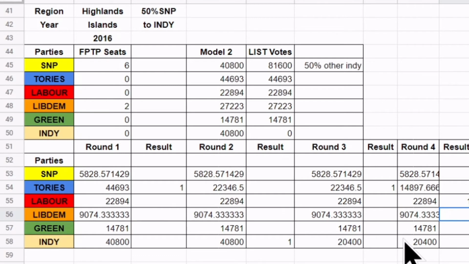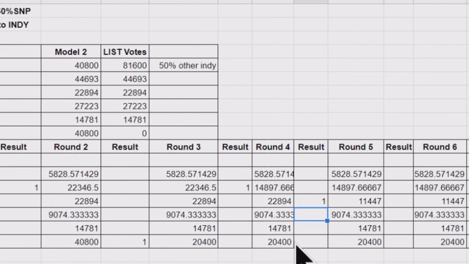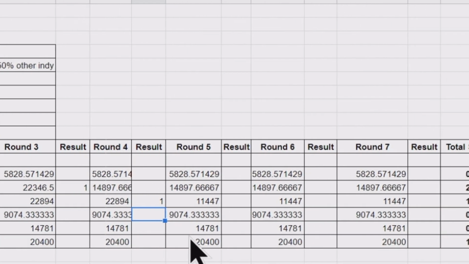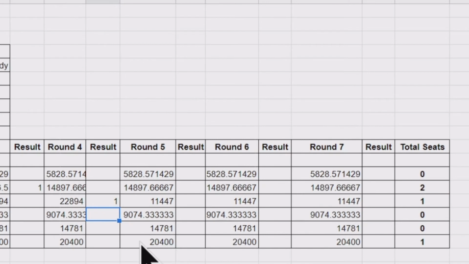In round 5, is that going to be the Indie party again? Double check. Yes, that will be the Indie party again. In round 6, 14789, that's going to be the Tories. And in round 7, that will be the Greens in there.